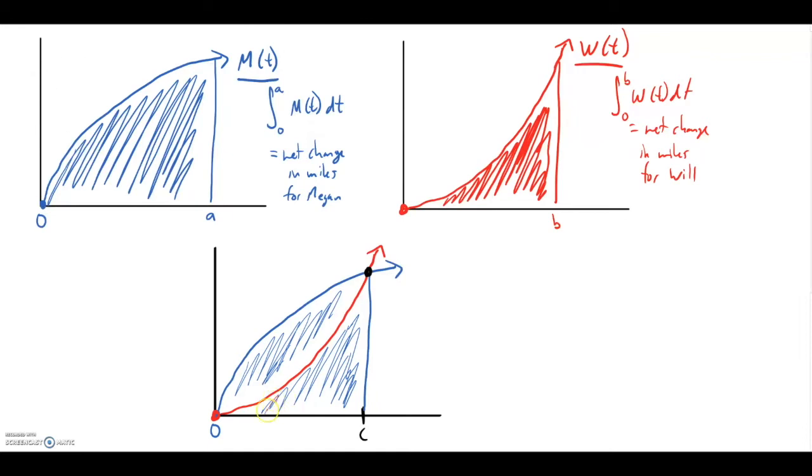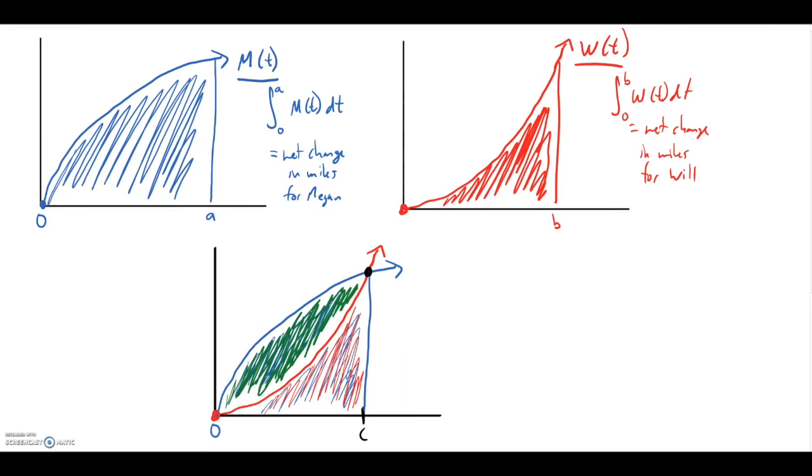I could also think about the area, or the net change for Will's distance. And back to our original problem, what I'm really looking for is the difference between the two. Visually, we can tell that Megan has a larger area under her graph. She's traveled farther. Will's area is smaller. And the total difference between the two would be this space right here.